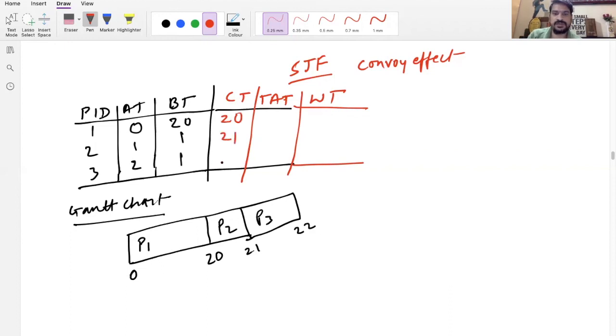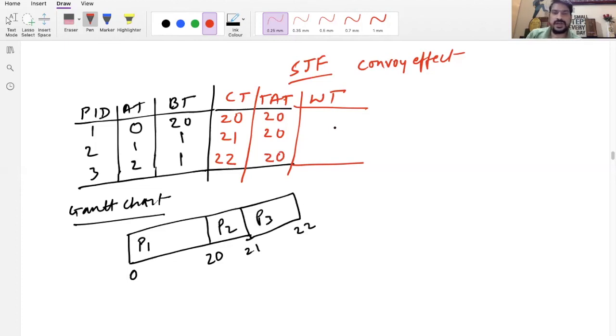Completion time of P3 is 22, right? Now let's go to the turnaround time, which is completion time minus arrival time. So it is 20, it is 20, and this one is also 20.